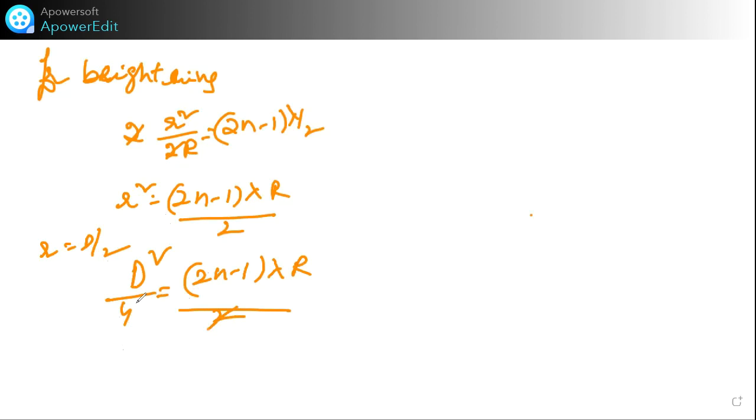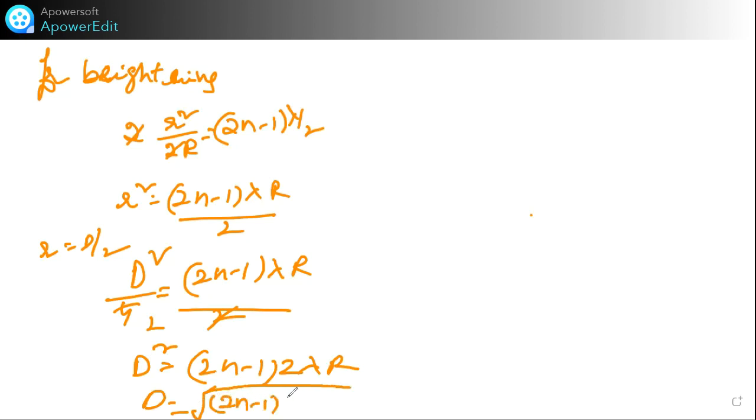Then D square is equal to (2n minus 1) into 2 lambda R, so D is equal to root over (2n minus 1) into 2 lambda R. Here 2, lambda and R are constant, so D is proportional to root of (2n minus 1) for bright ring.